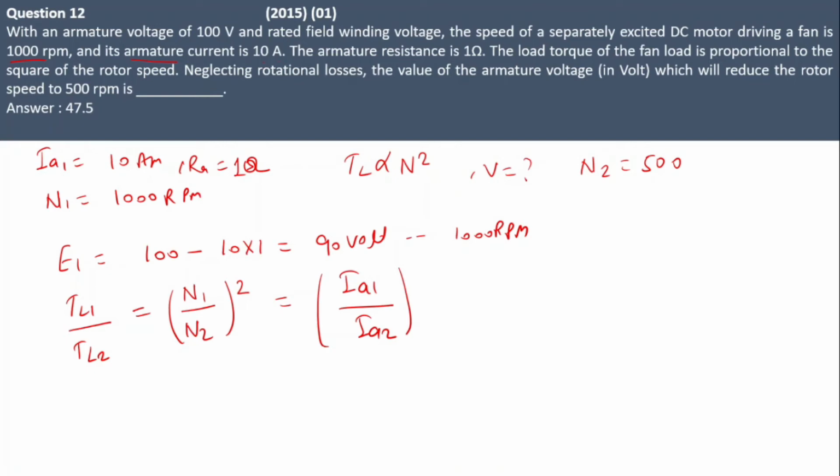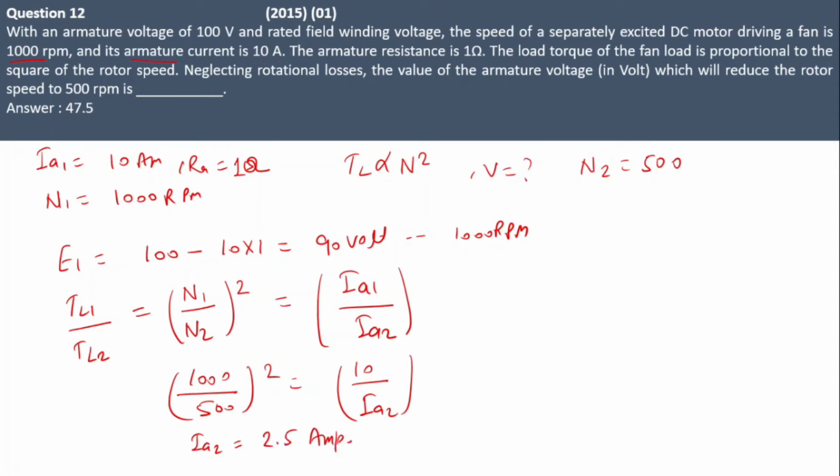N2 is 500, so 1000 by 500 whole square. IA1 is 10, IA2 is how much? 2.5 amps.